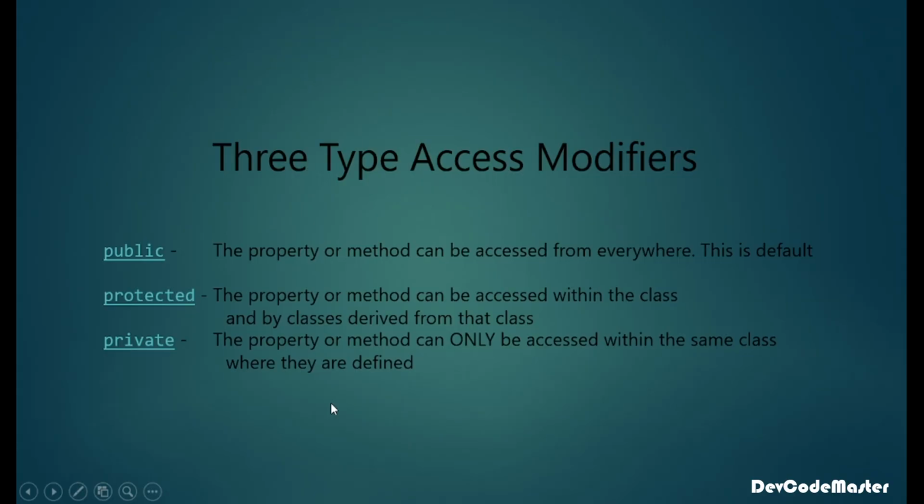A private property or method can only be accessed within the same class in which it is defined. That means a private property can only be accessed inside the class, and nowhere else. So let's go to the editor.